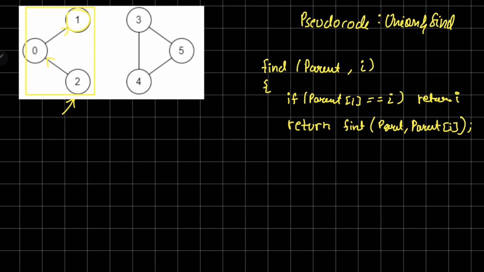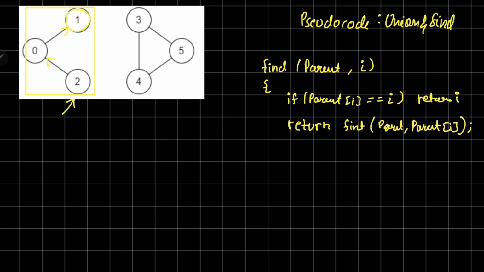What we want is the top node as the parent. So all the nodes which are connected to it will be considered as having a path between them, and that is they will be considered in one set. So if we had more vertices, for example 7 or 8, all would have parent 1.